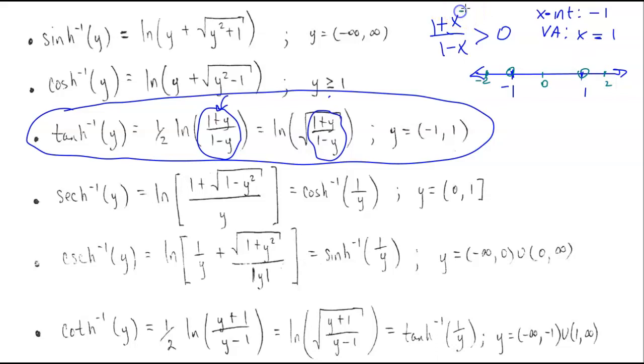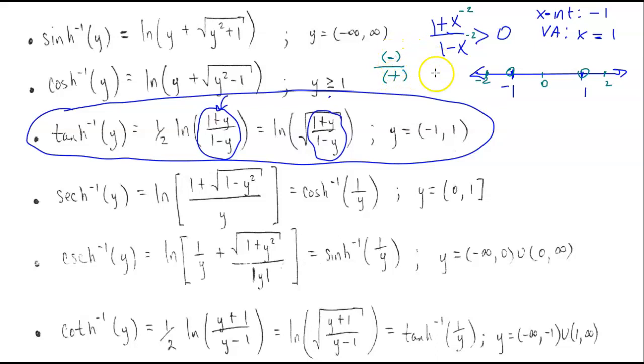So if I plug in a -2 for x in the numerator and denominator, my numerator is going to be negative because 1 plus a -2 is a negative quantity. But I know that 1 minus a -2 is actually going to be a +3, so that's going to be a positive quantity.